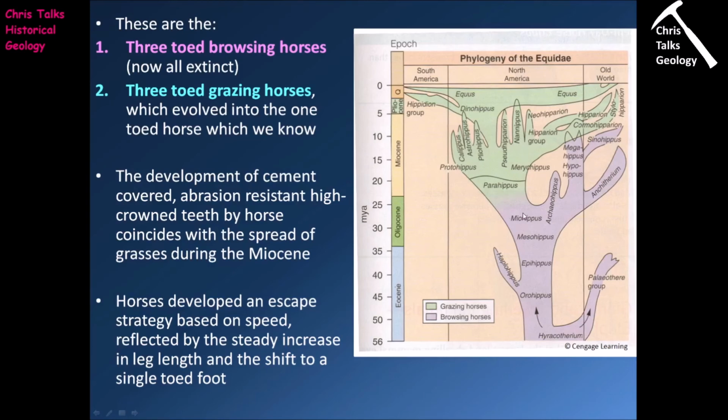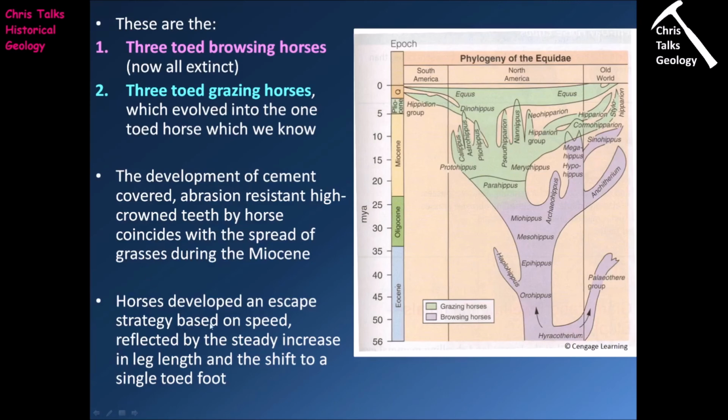So as we can see, the three-toed grazing horses obviously move out into these extensive grasslands and they prosper. The vast majority of evolution takes place in North America, and then as we move into the Paleocene and the Quaternary, we can see that the horses spread out into the Old World, so obviously they go into Asia, Europe and Africa, and then we have some groups that move south into South America.